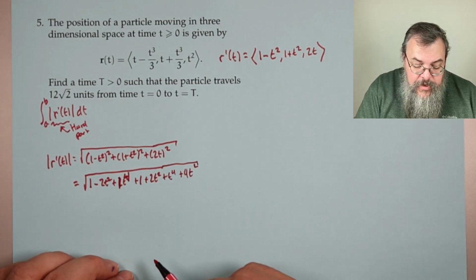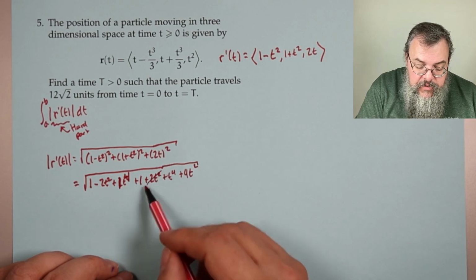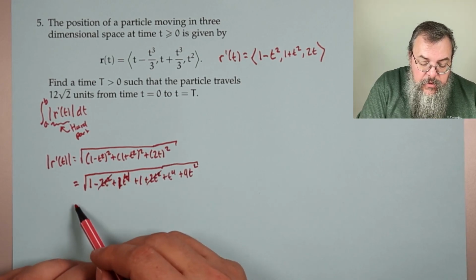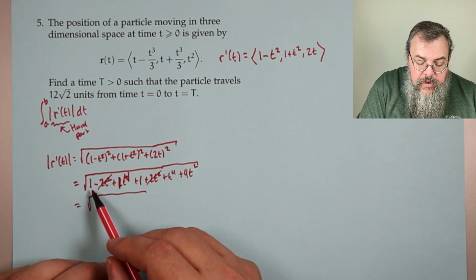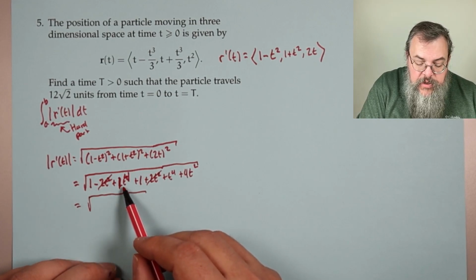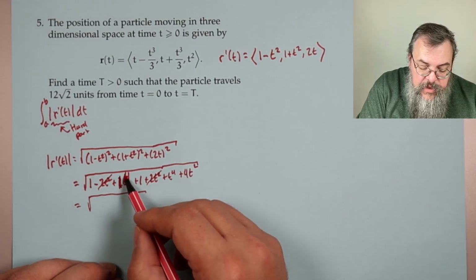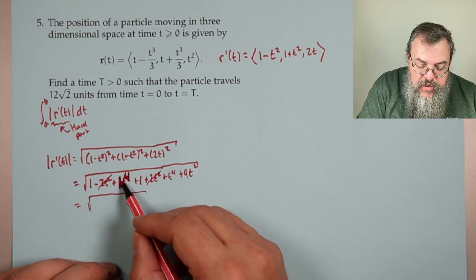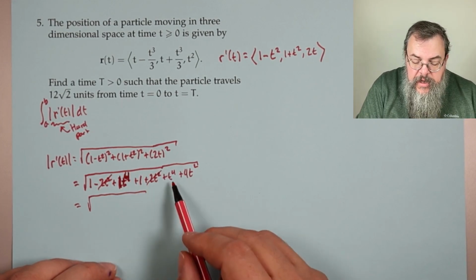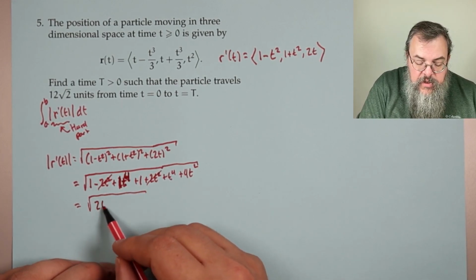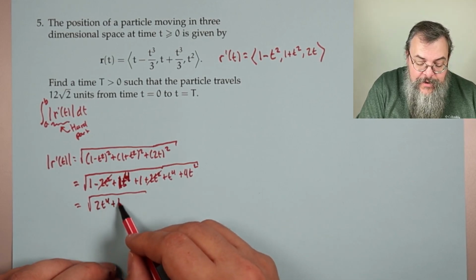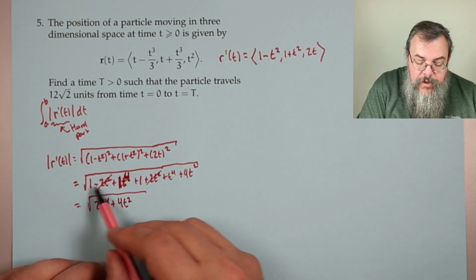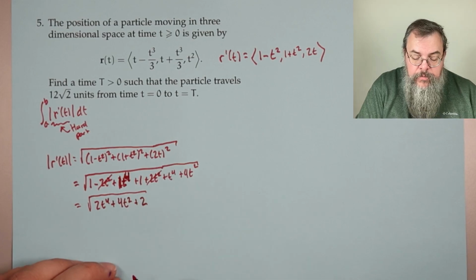All right, cool. Cancel, cancel. So what are we at? We are at the square root of, well, we have a t to the fourth here, and yeah, this is what happens when you don't pay attention. So t to the fourth and a t to the fourth, that's 2t to the fourth. We have a 4t squared. 1 and 1 makes 2.